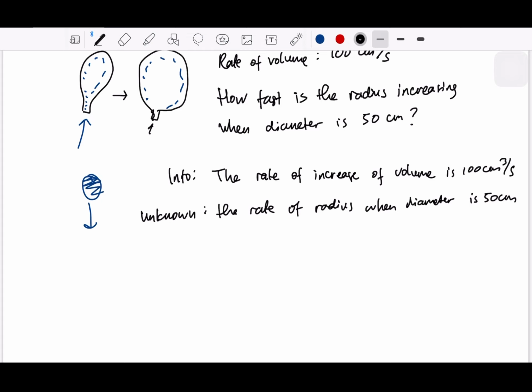So the key here is, from the information, we want to have some definitions.